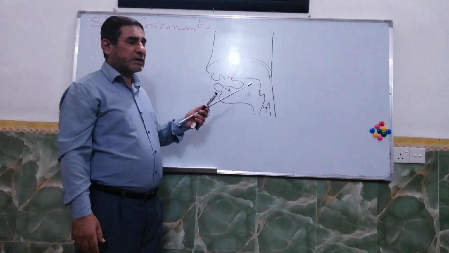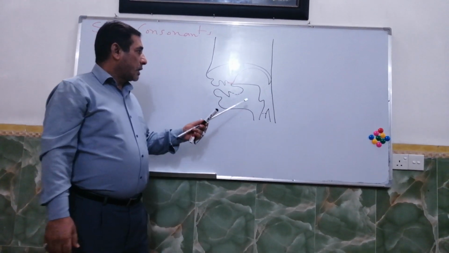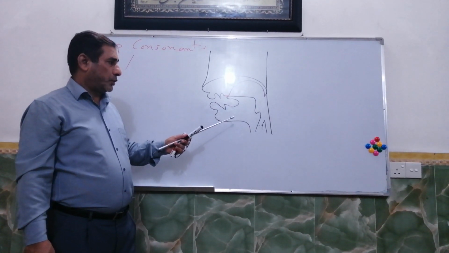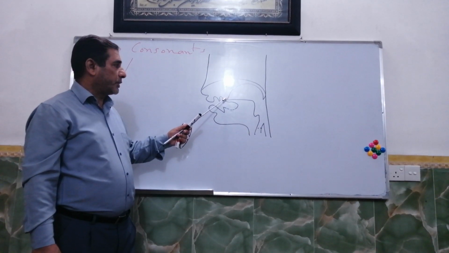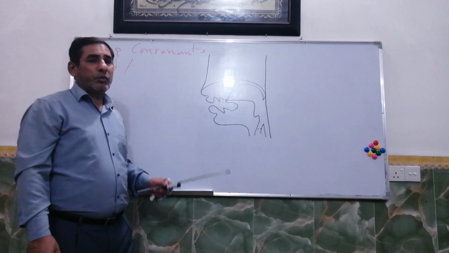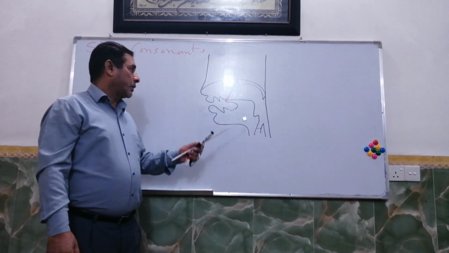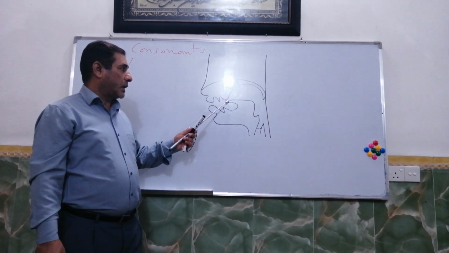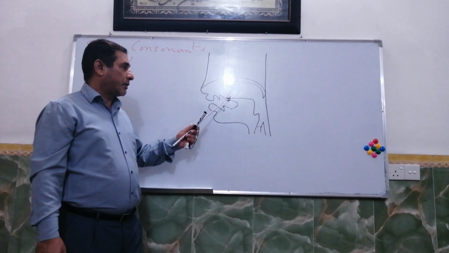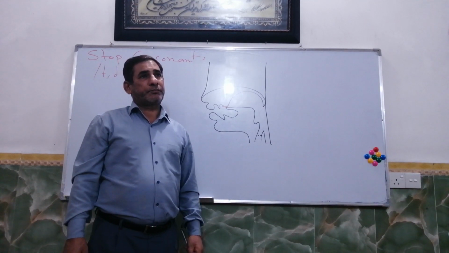The fourth point, when the tip of the tongue is lowered suddenly from the teeth ridge or the alveolar ridge, the breath rushes out with a slight explosion or popping noise.